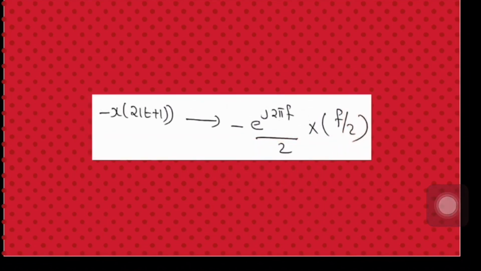So we can conclude that the Fourier transform of minus x of 2 into t plus 1, that is y of t, is minus e raised to j 2 pi f by 2 X of f by 2. Thus, our answer is option B.